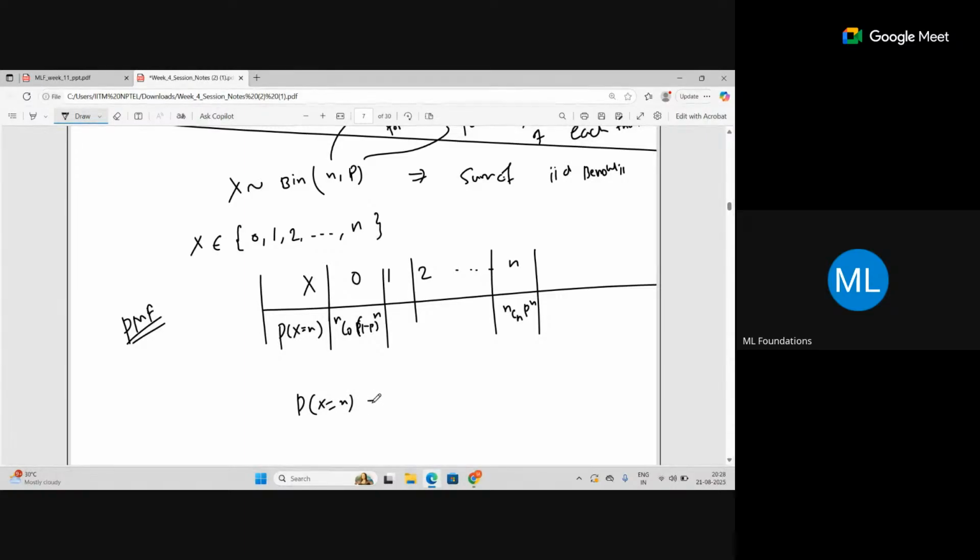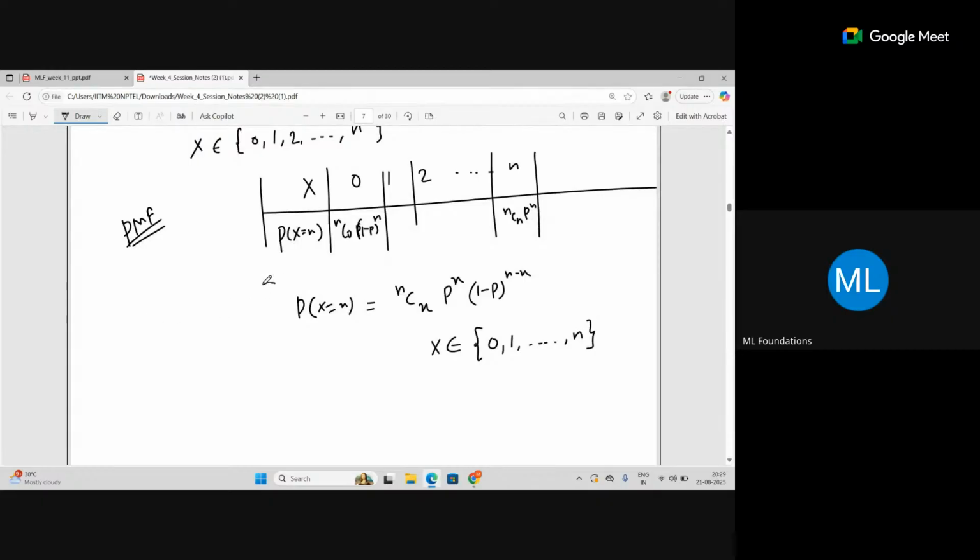Or I can write the probability mass function like this: the probability that X equal to x is nCx p to the power x times (1 minus p) to the power n minus x, where x can take values from 0 to n.